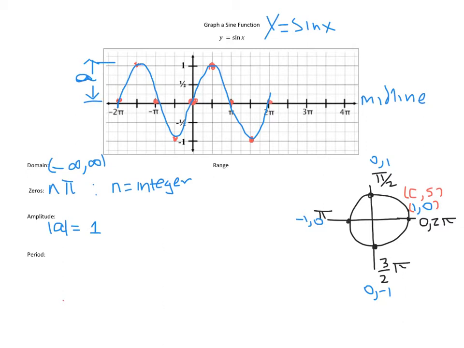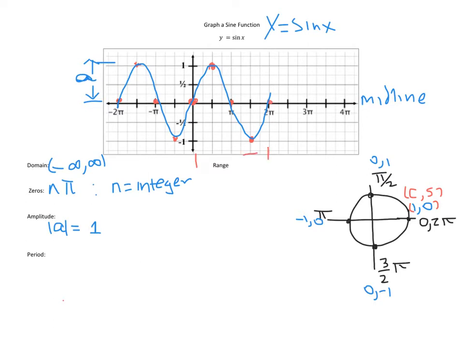Now the next thing I want us to look at is the period. You can see this graph represents the same thing being repeated over and over. For example, I can pick any starting point. If I start at 0, it keeps going up, goes down, then it is going up again.